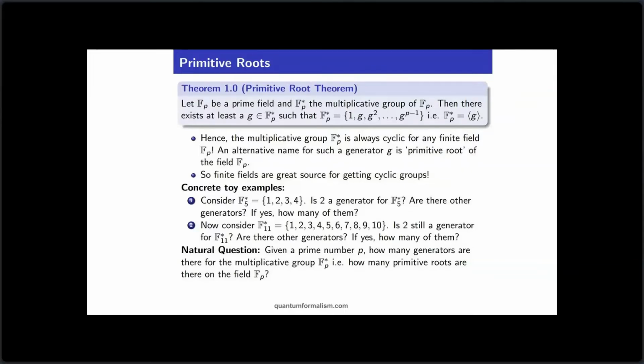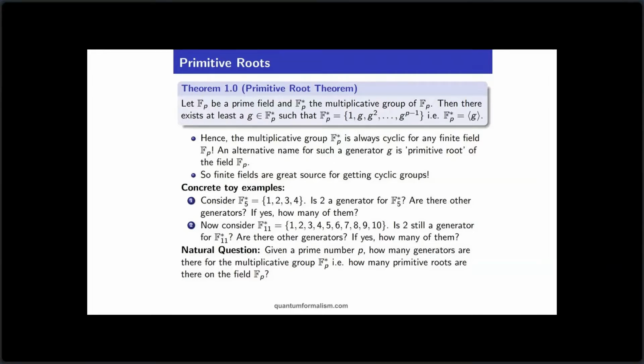So the primitive root theorem says if F_p is a prime field with F_p star the multiplicative group of F_p, then there exists at least an element in the multiplicative group, a generator. Okay, so this essentially means that the multiplicative group F_p star is always cyclic for any finite field F_p.